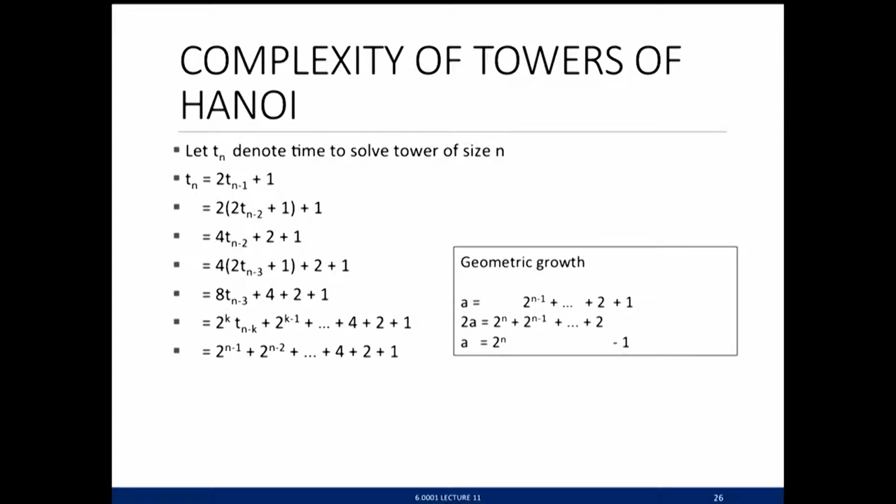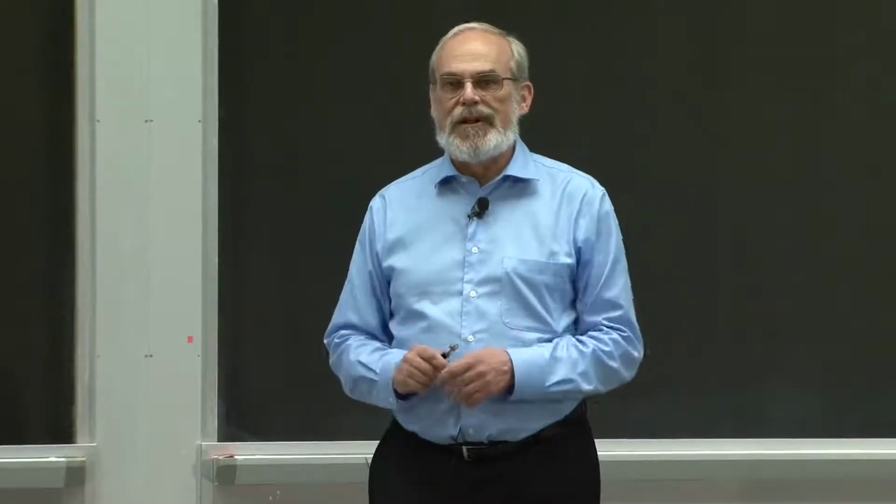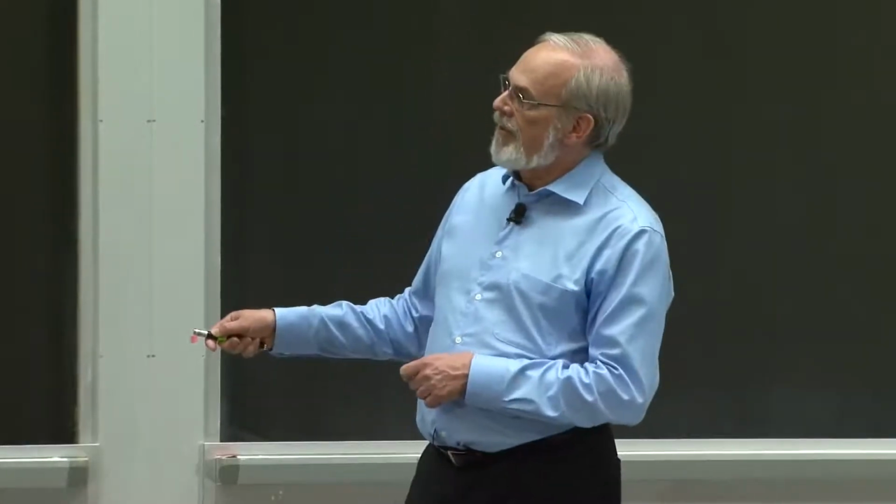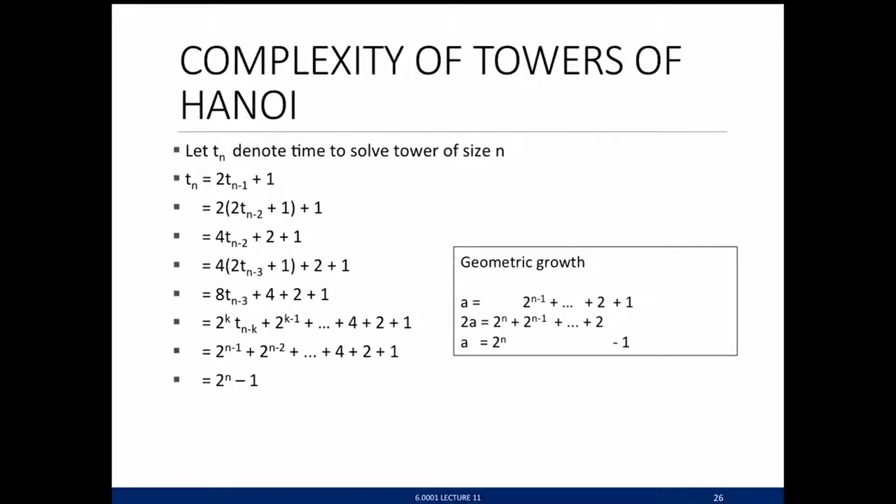Now, subtract this from that. On the left side, you get a. And on the right side, you get that term. These all cancel out, minus 1. Geometric series. Cool. So that sum is just 2 to the n minus 1. And if I plug that back in there, I've got my order of growth. Exponential. 2 to the n.